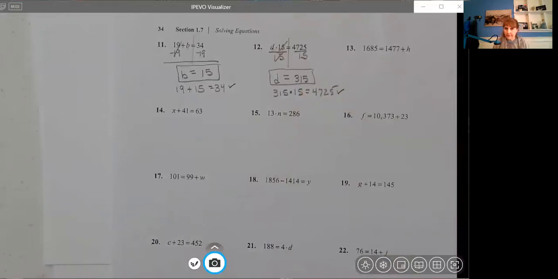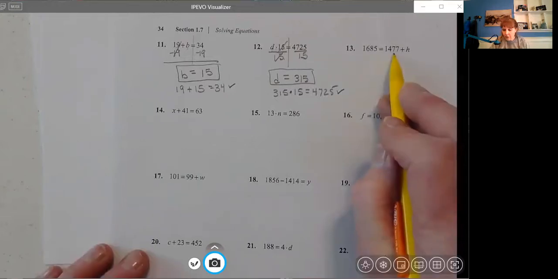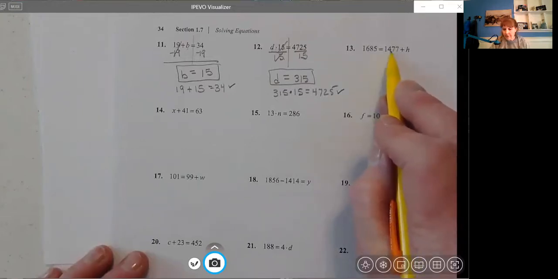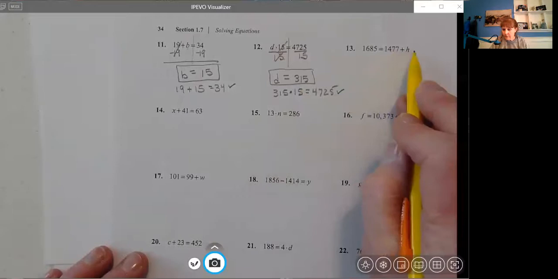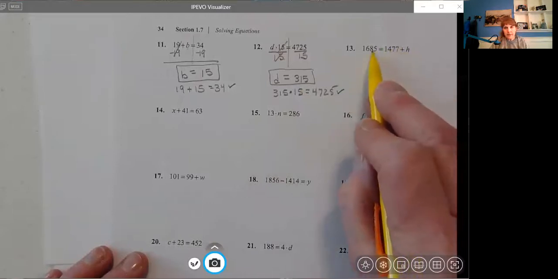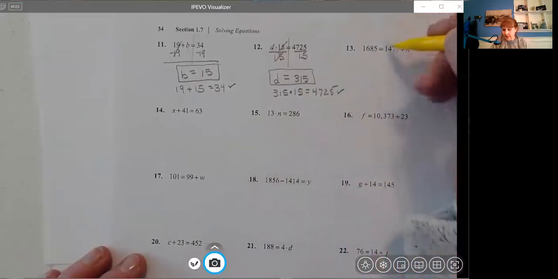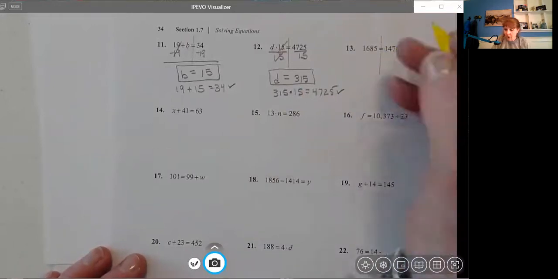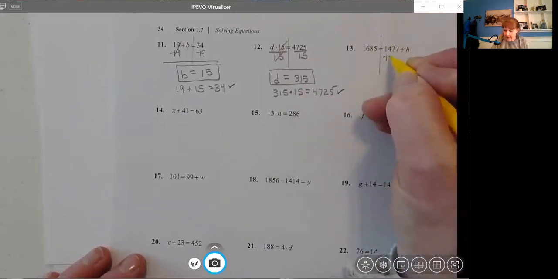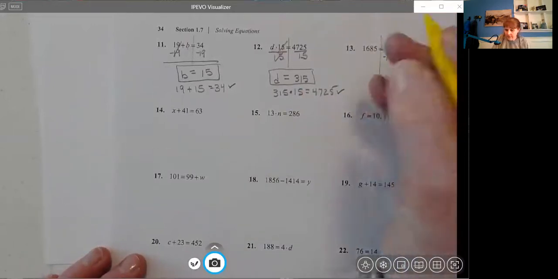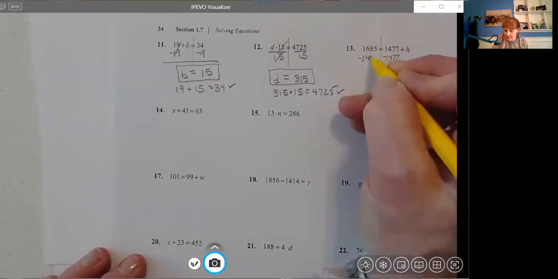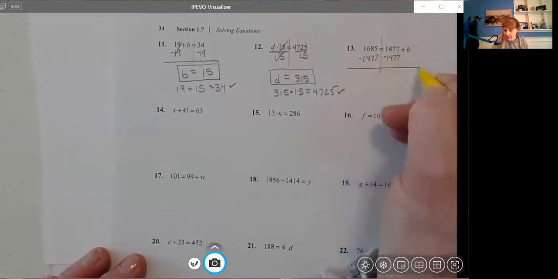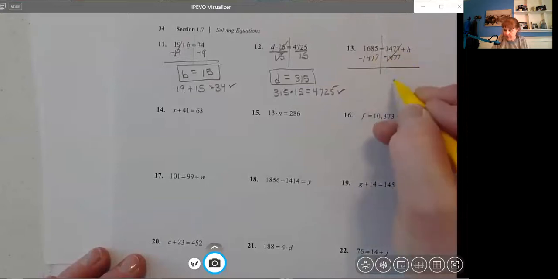Let's look at another one. We were wondering, what do you add to 1,477? What would you add in order to get 1,685? Well, think of it as solving an equation. We would subtract 1,477 from both sides in order to find out what the h is equal to.